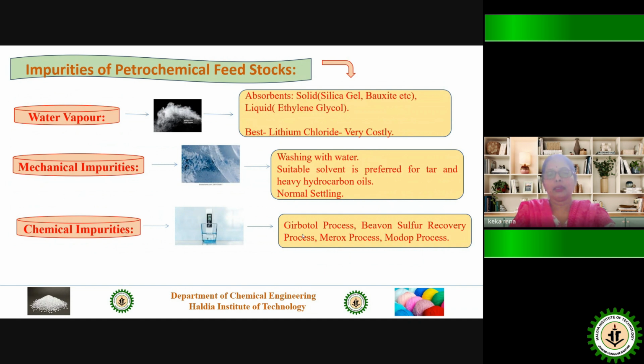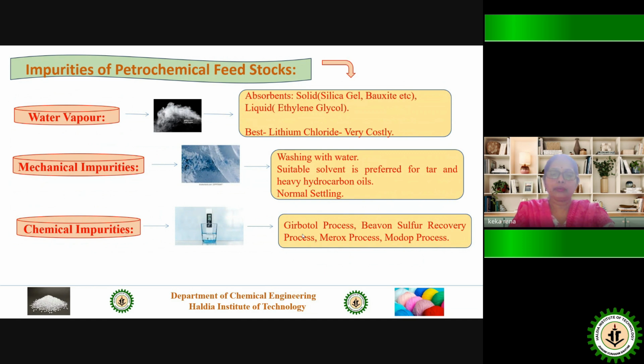Within this crude oil, it may contain different chemical impurities like sulfur, sulfur dioxide, hydrogen sulfide, carbon monoxide, carbon dioxide, and many more. We cannot continue the process with all these impurities, so we have to eliminate them. For the elimination, we go through lots of processes like the Girbotol process, Bevon sulfur recovery process, Merox process, and Modop process. And in all these processes, we actually apply different types of solvents.